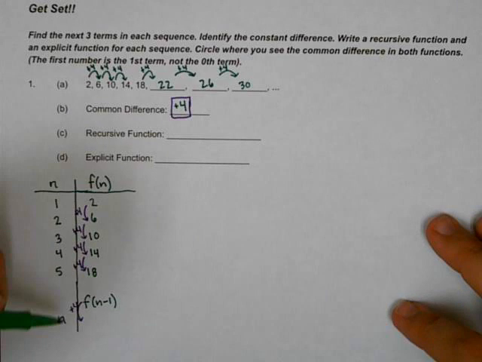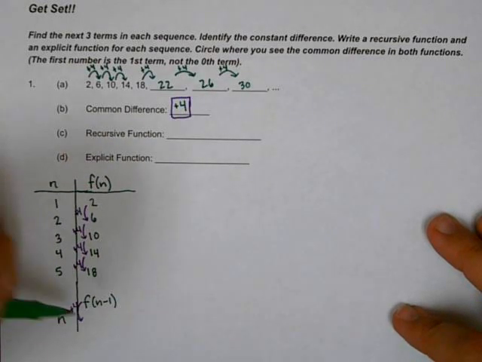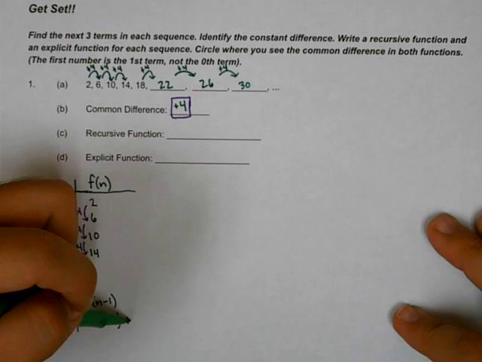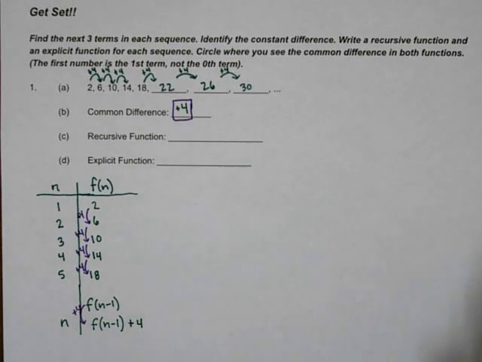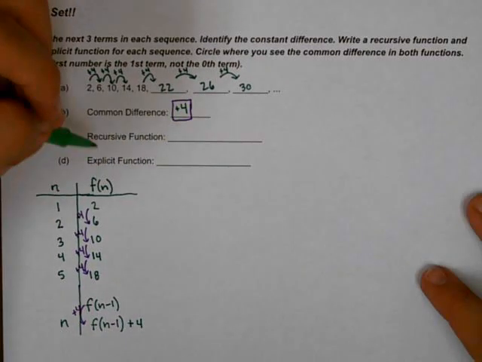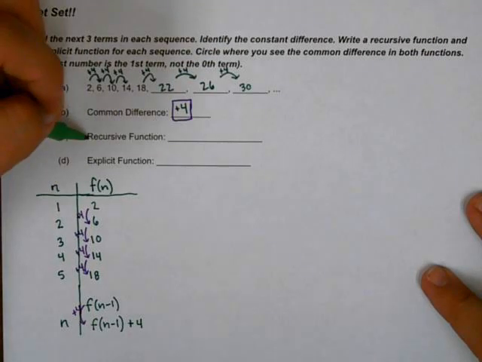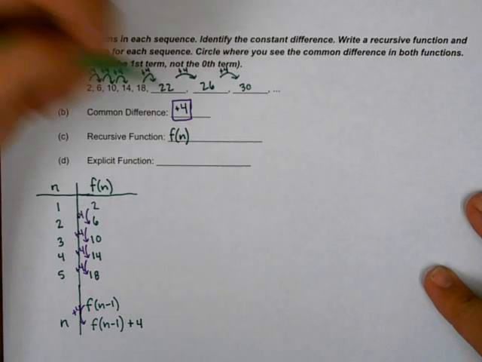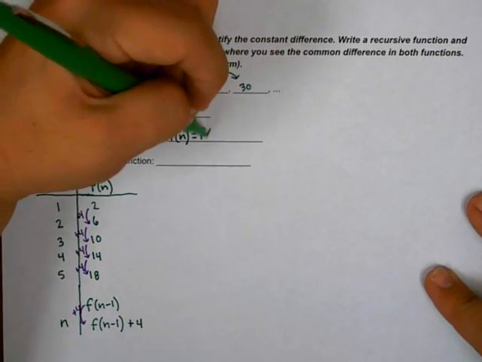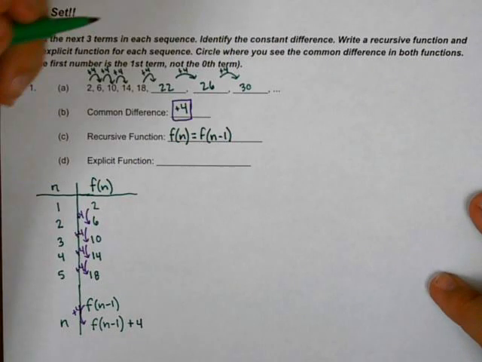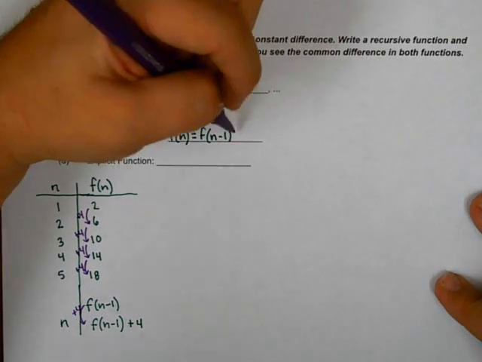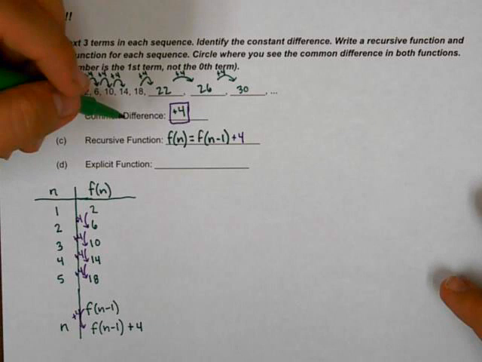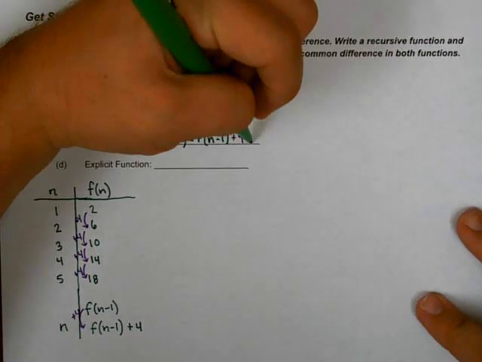And so to get f of n, I must have f of n minus 1, and I have to add 4 to it. So I'm going to come over here in my recursive function. I'm going to say that it's still my current term equals the previous term plus 4.